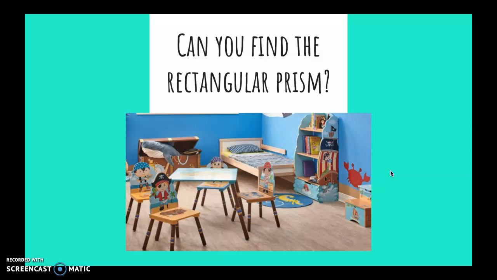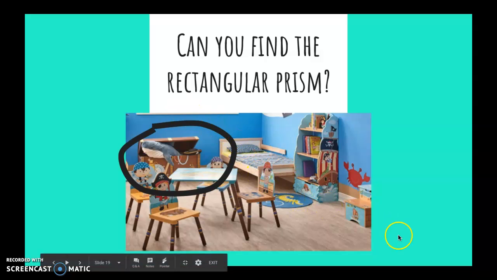I'll give you a little bit more time on this one. And yes, it is right there in the back with the shark sticking out of it. That is a rectangular prism there.